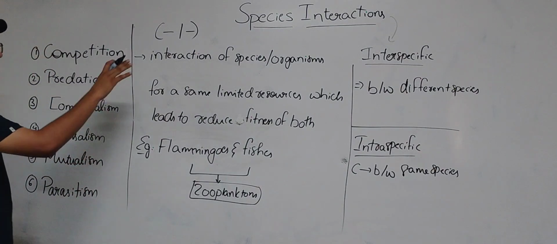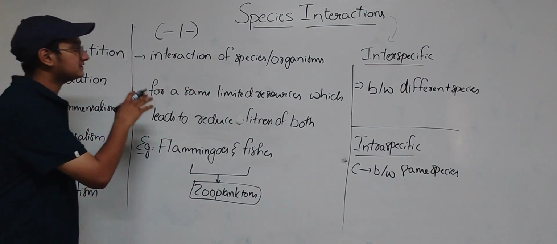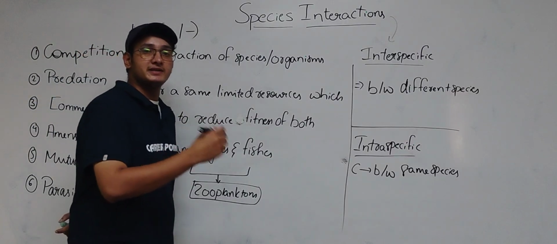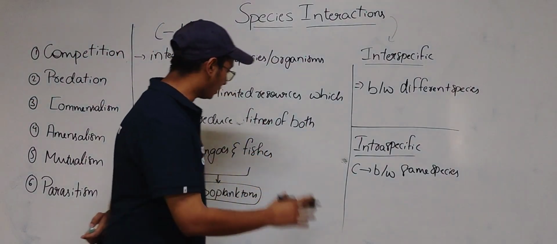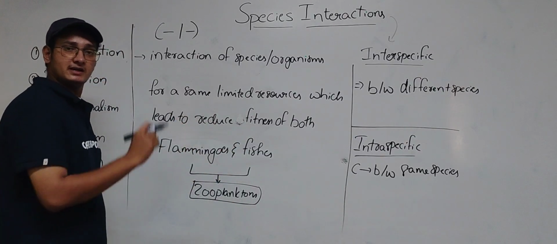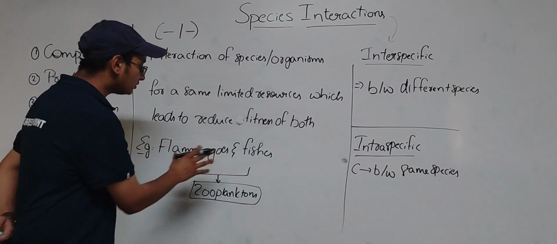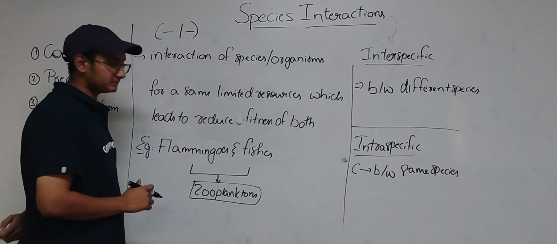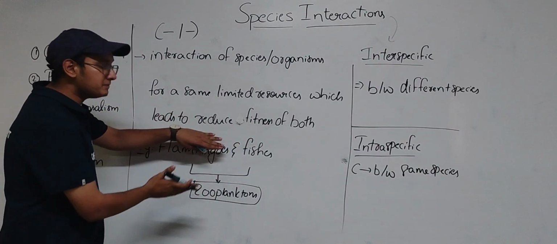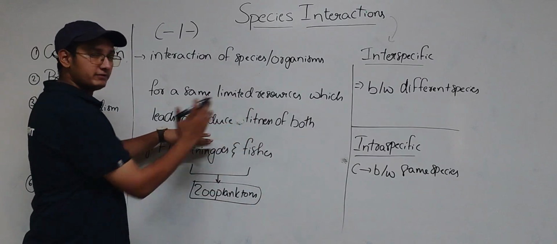So read the definition. Interaction of species or organisms for the same limited resources which leads to reduced fitness of both of the organisms. We have taken the example of flamingos and fishes present in South American lakes. Both of them feed on zooplankton. If there are no flamingos, only fishes, 100% of zooplankton will be consumed by fishes.